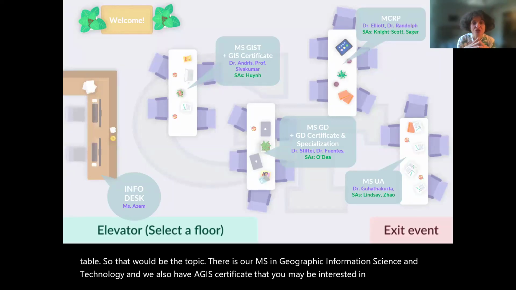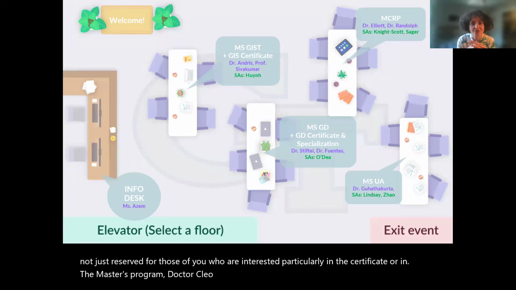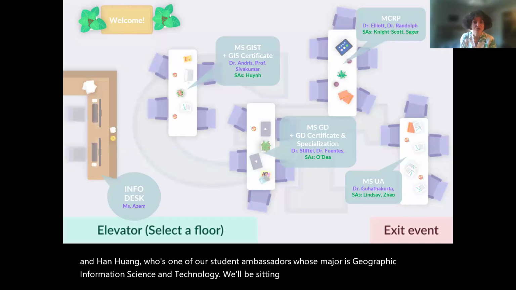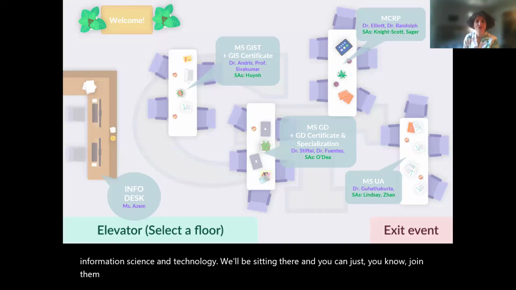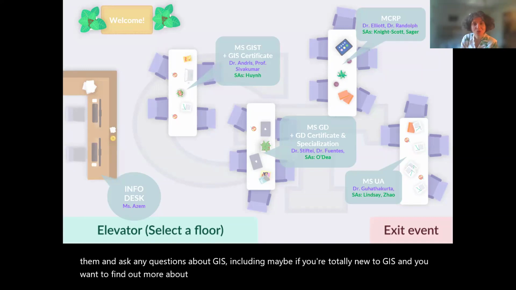But this table is not just reserved for those of you who are interested particularly in the certificate or in the master's program. Dr. Cleo Andres, Professor Siva Kumar, and Han Huynh, one of our student ambassadors, whose major is Geographic Information Science and Technology, will be sitting there, and you can just join them and ask any questions about GIS, including maybe if you're totally new to GIS and you want to find out more about it.